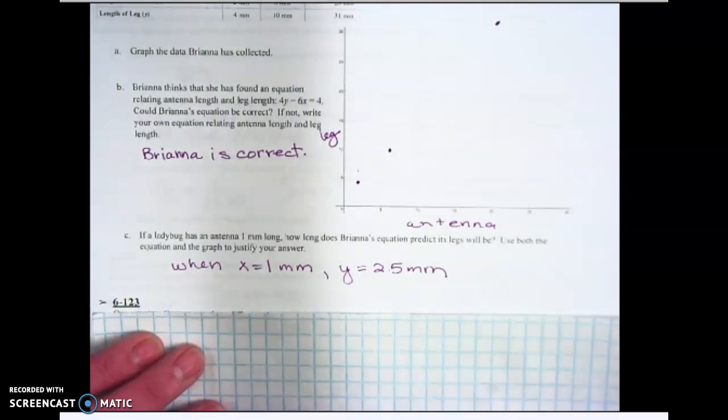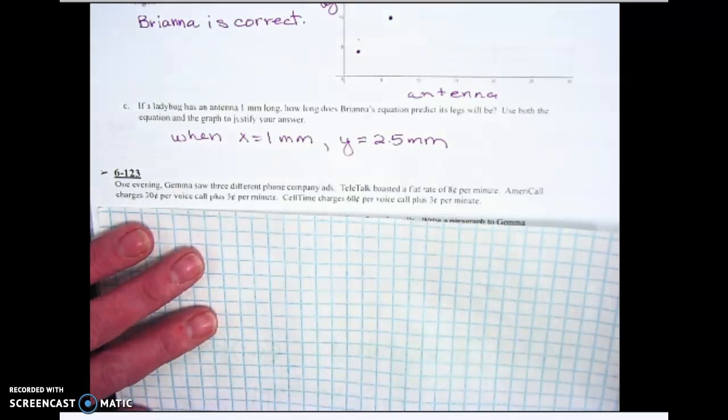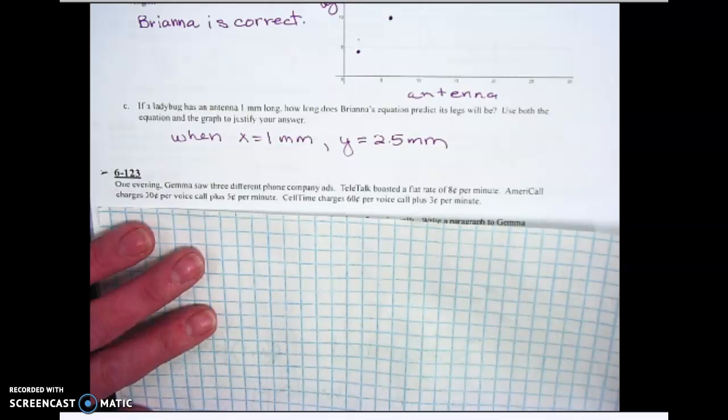Question 123. One evening, Gemma saw 3 different phone company ads. Teletalk boasted a flat rate of 8 cents per minute. Americall charges 30 cents for voice calls and 5 cents per minute.